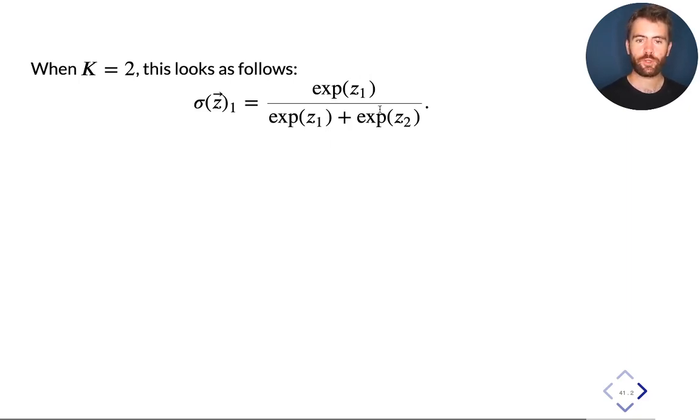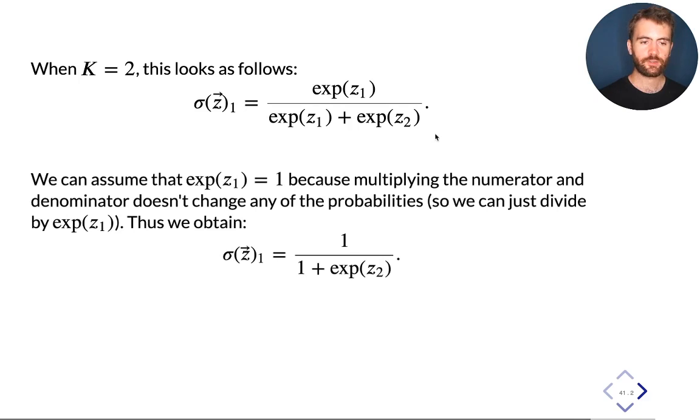In order to avoid this over-parameterization, we can arbitrarily set one of these exponentials to 1. So we can assume that the exponential of z1 equals 1. Or in other words, we can just divide on both sides by the exponential of z1, and this will cancel off, and we're going to have a different number. Here I should denote this z2 prime because this is a slightly different z2 from before.